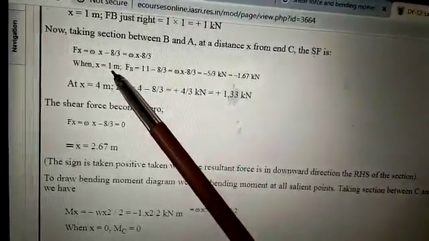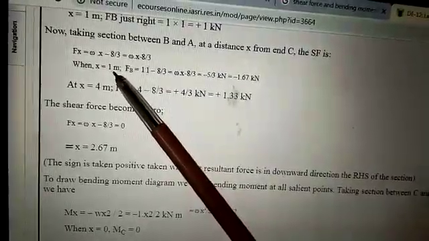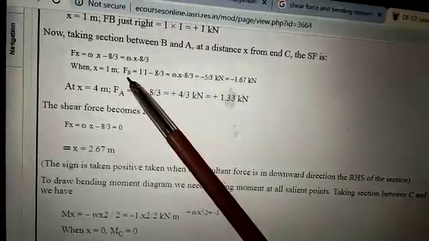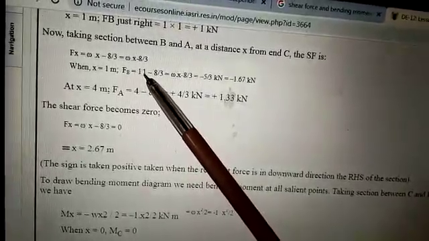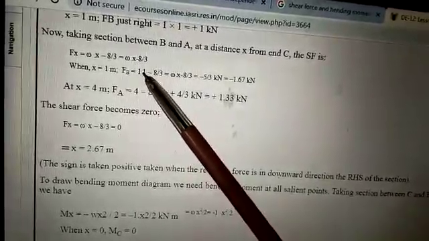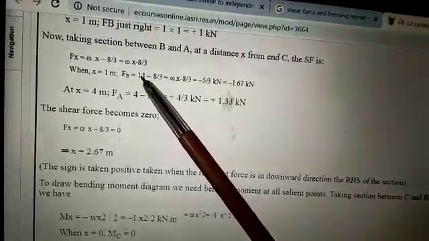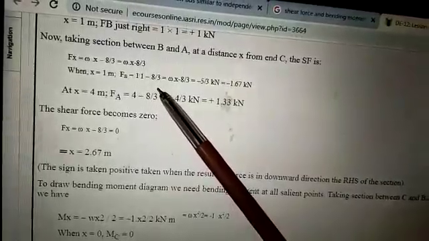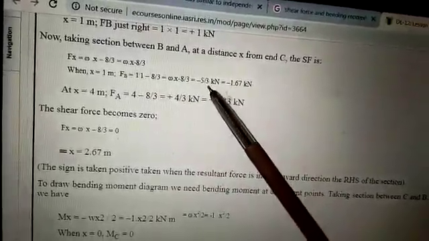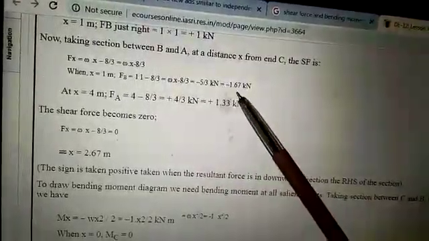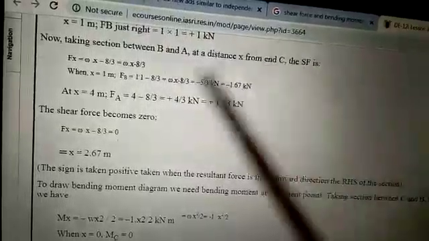Now when the value of x is 1 meter, this is at point B. So we put the values. W is 1 kilonewton per meter run and the value of x is also 1. So 1 into 1 minus 8 by 3 comes out to be minus 5 by 3 kilonewton or minus 1.67 kilonewton.